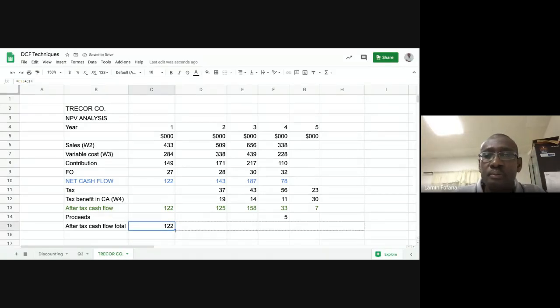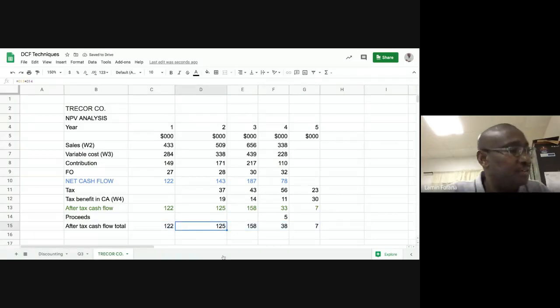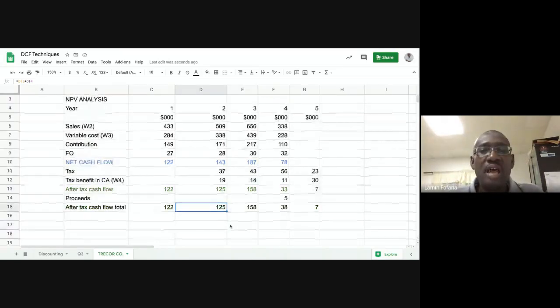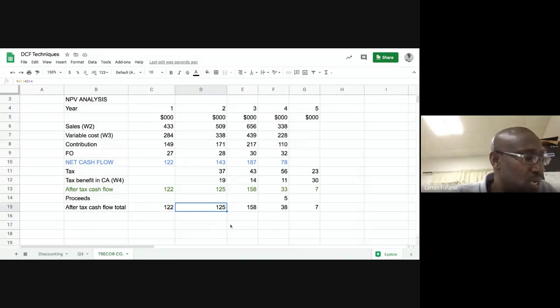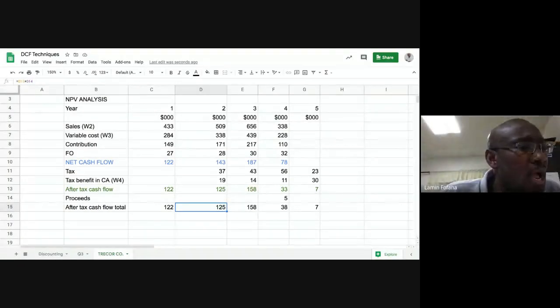Okay, so we have 122, 125, 158, 38, and 7. So now we are almost done, but there's one thing that we're supposed to do, which is the calculation of our discount factor. Okay, we have to calculate our discount factor.